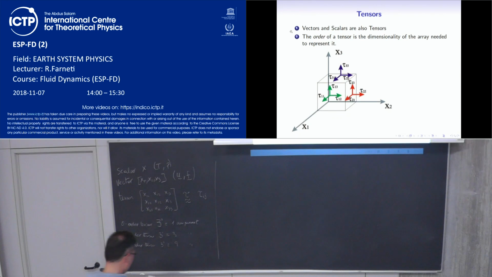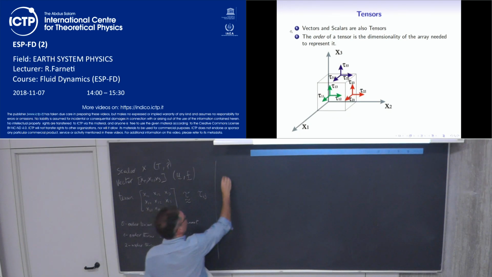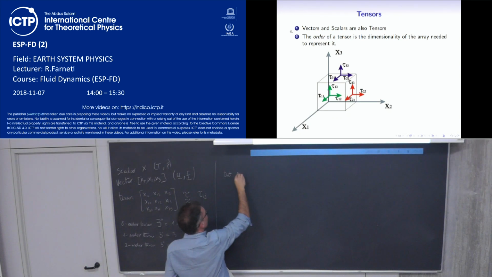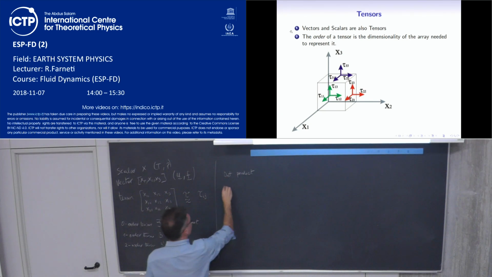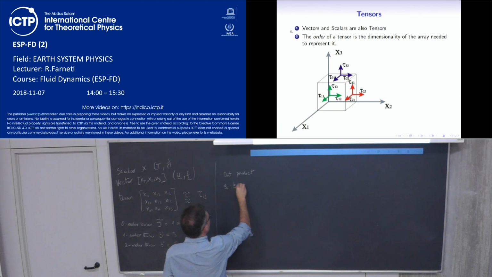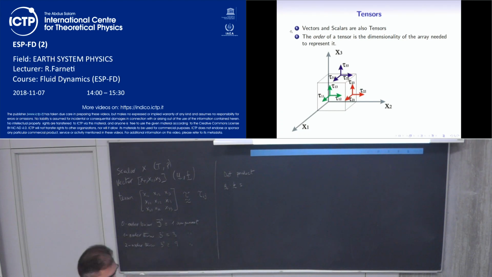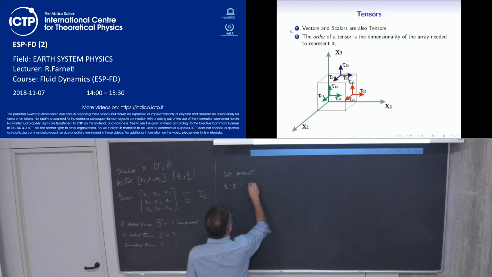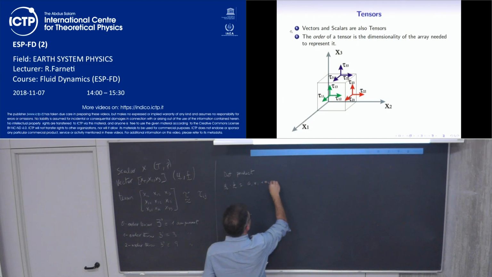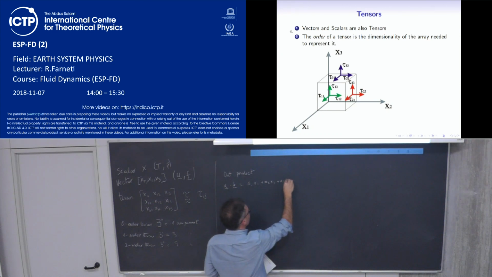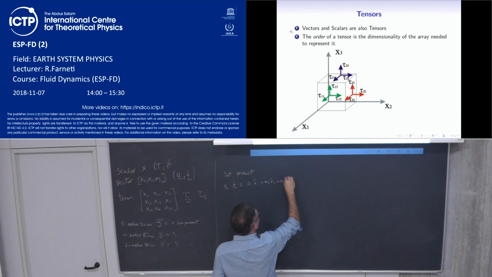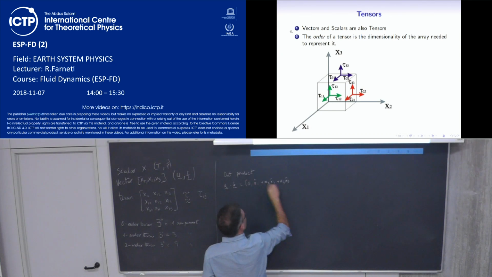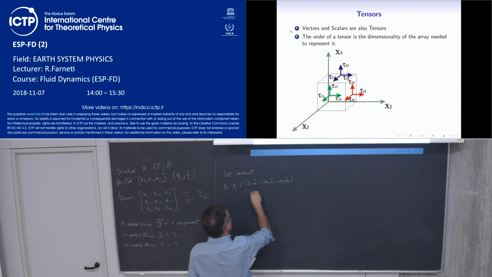So why do we use tensor notation? Do, for example, a dot product. You do a product of A and B: A1 x1 plus A2 x2 plus A3 x3.